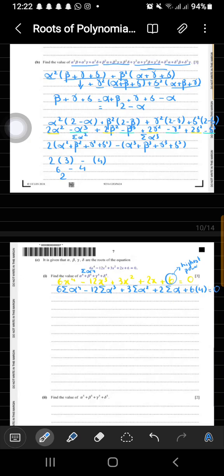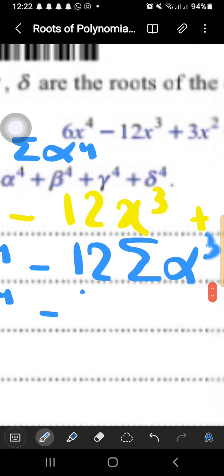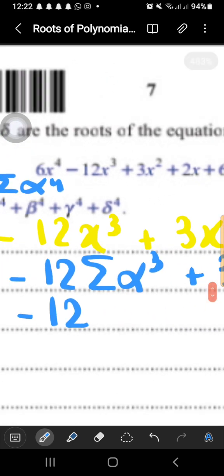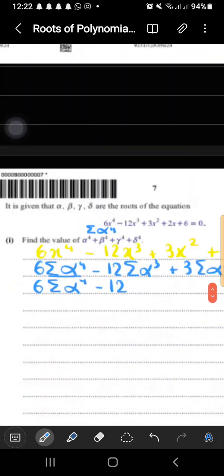Let's do it. We know each and everything. We will write it as 6 summation of alpha power 4 minus 12 times the summation of alpha cube, which was given as, let me check what the question was saying, it is 4.